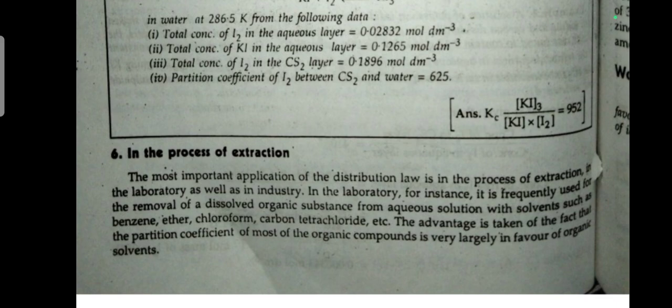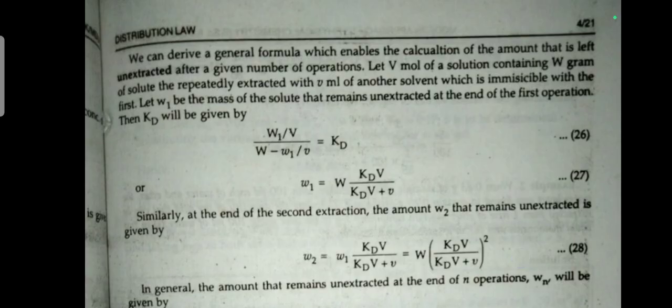We can derive a general formula which enables the calculation of the amount that is left unextracted after a given number of operations. Let V ml of the solution containing W gram of solute be repeatedly extracted with small v ml of another solvent which is immiscible with the first.